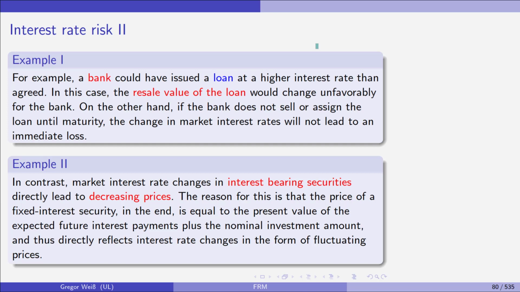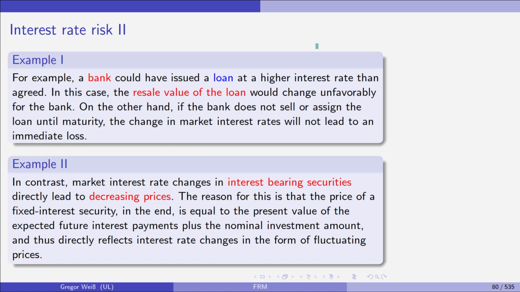In the second example, market interest rate changes in interest-bearing securities directly lead to decreasing prices. And the reason for this is that the price of a fixed interest security in the end is equal to the present value of the expected future interest payments plus the nominal investment amount, and thus directly affects interest rate changes in the form of fluctuating prices.